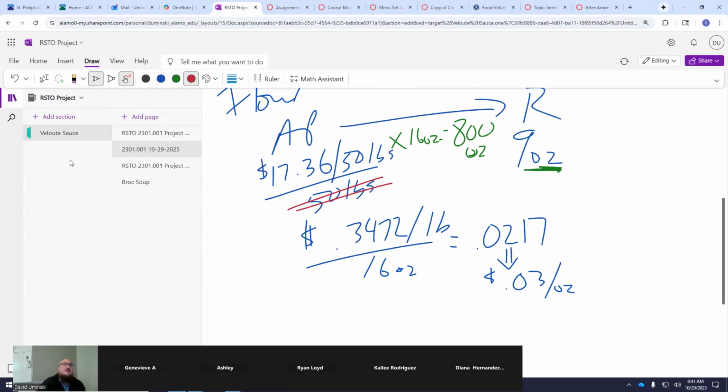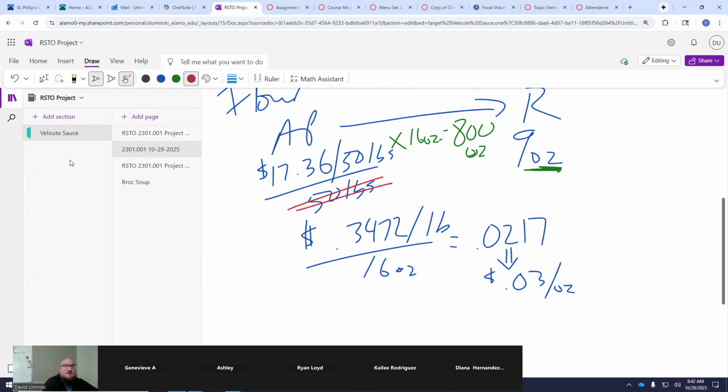If I know my recipe unit is ounces and my AP purchase is in pounds, I would multiply that 50 pounds by 16 ounces to get 800 ounces.